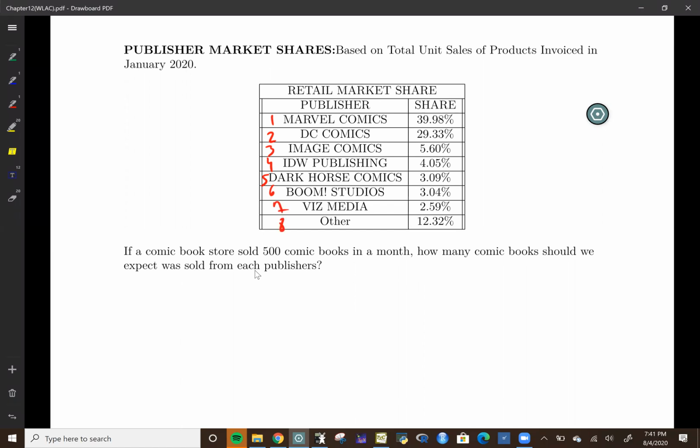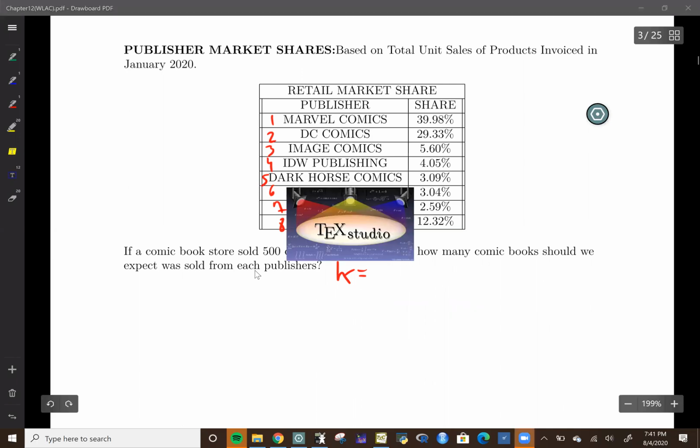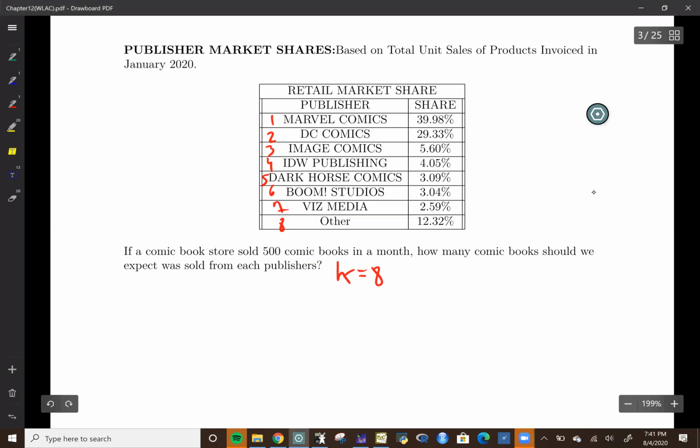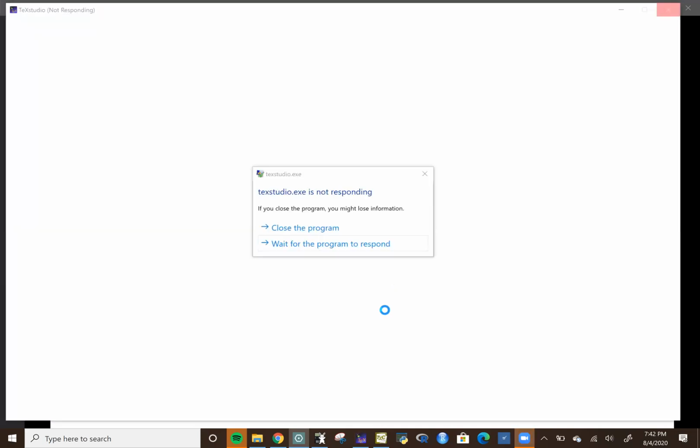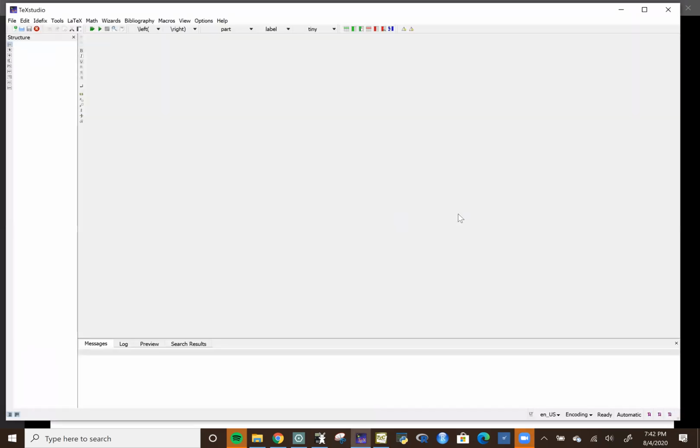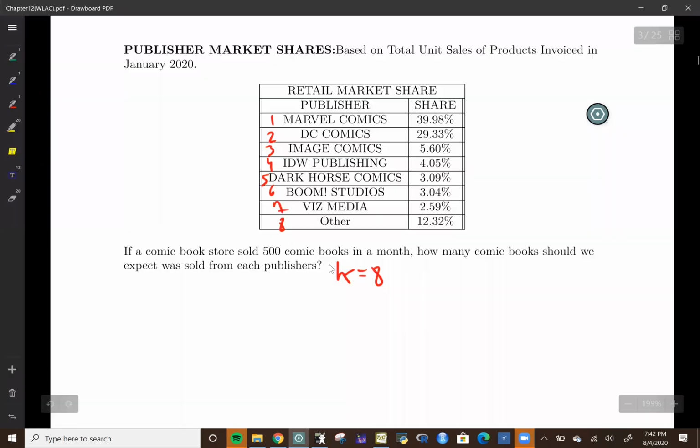So for this one, what would be my K value? What would K equal to? If you look at how many different categories I have, K will just equal 8.